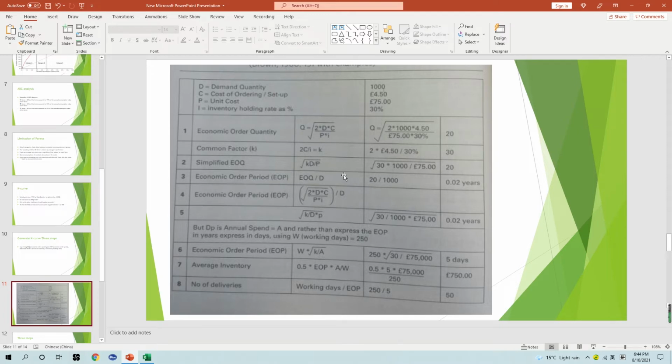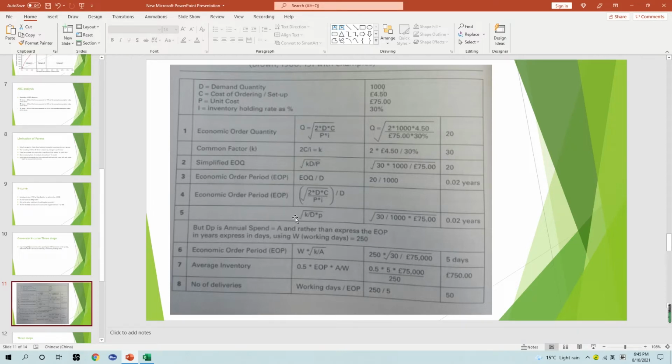In other words, every 0.02 years we have to order 1 economic order quantity. However, it is still in years, therefore we have the following steps which help to express the economic order period in days.